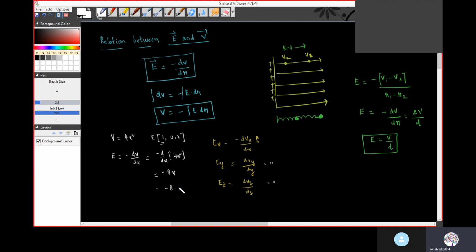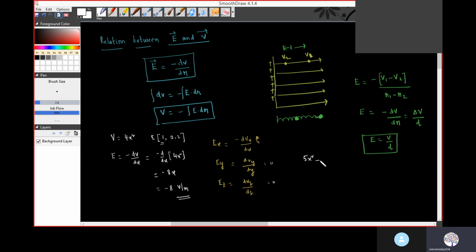Minus 8 volt per meter. From here, dV by dx, V is volt, x is in meter, so minus 8 volt per meter.